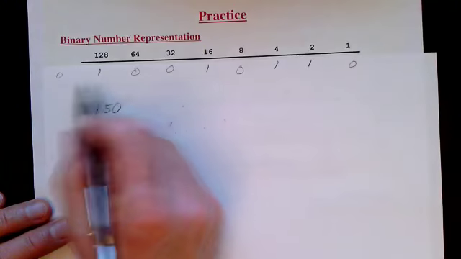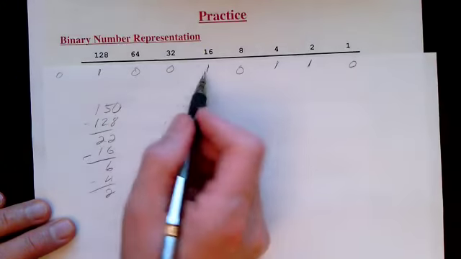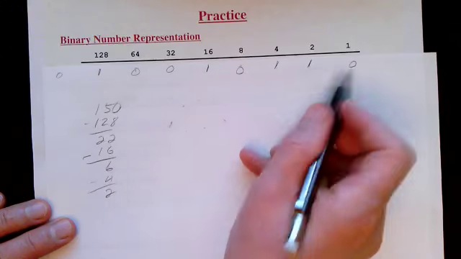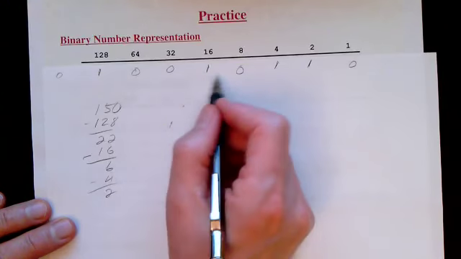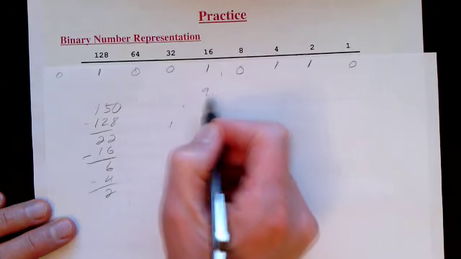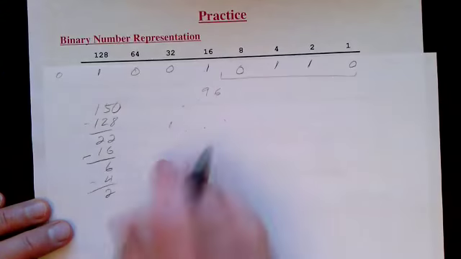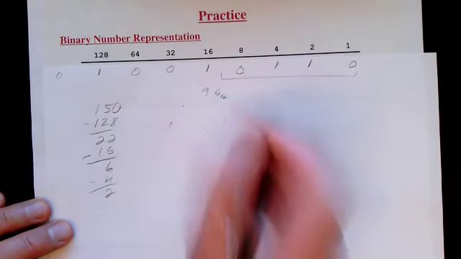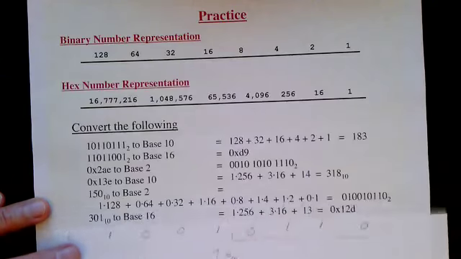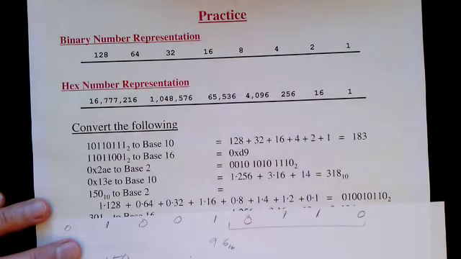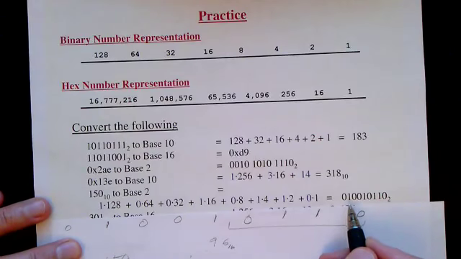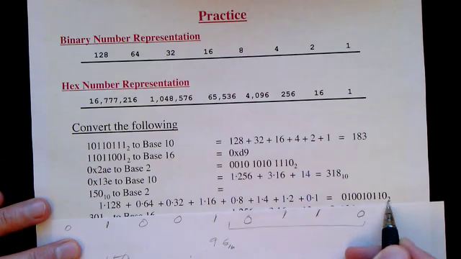So our answer is 1001, 0110. By the way, in hex, that would be 9, 6, in base 16. So let's look down here. And we see 1001, 0110 in base 2.